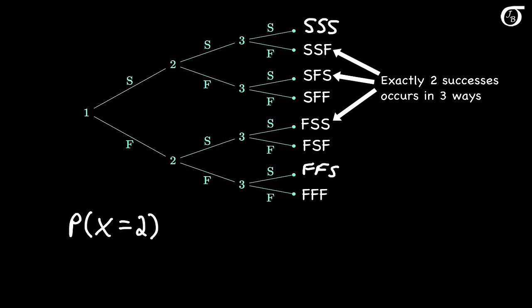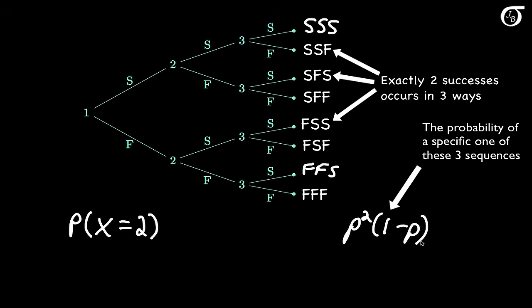The individual trials are independent, so to find the probability of a single one of these sequences, we simply multiply the probabilities on the individual trials together. Success has a probability of p, and failure has a probability of 1 minus p. So each one of those sequences individually has a probability of p squared times 1 minus p, since success happens twice and failure happens once.